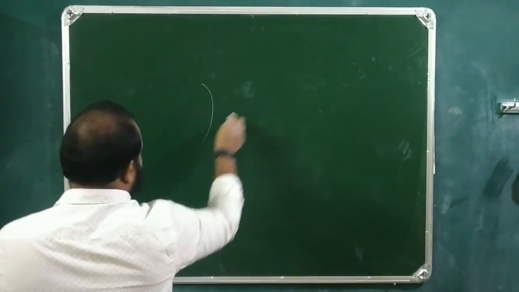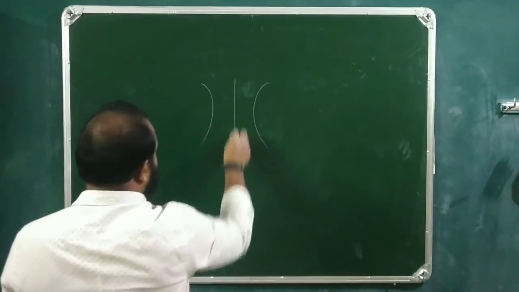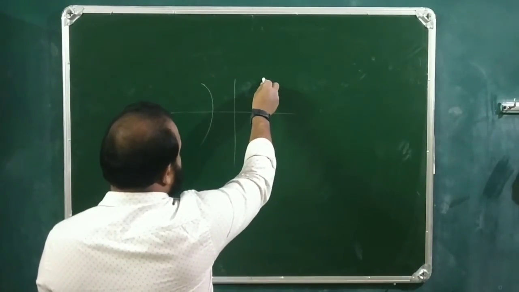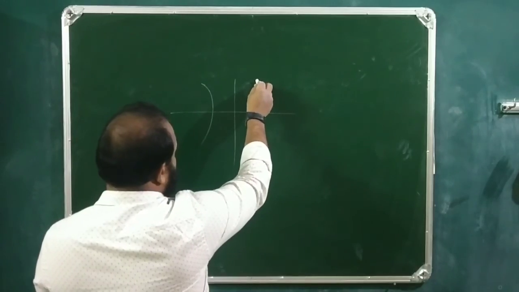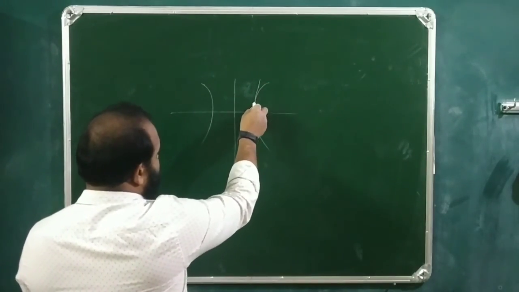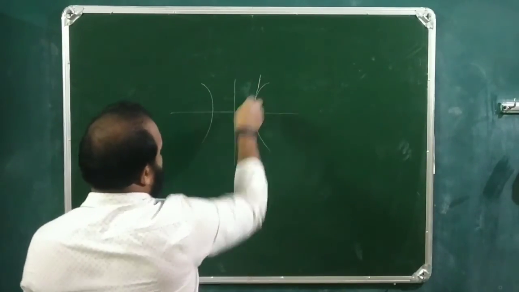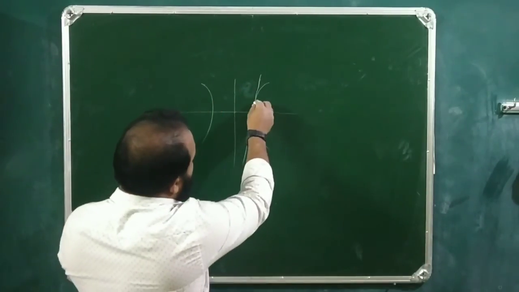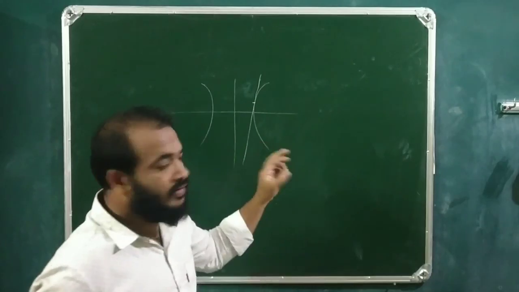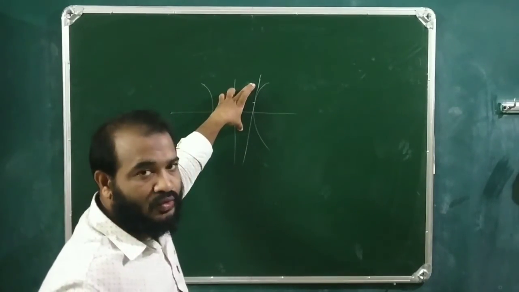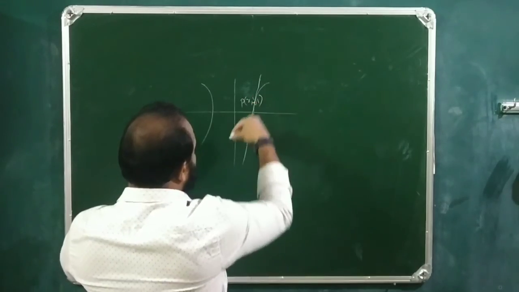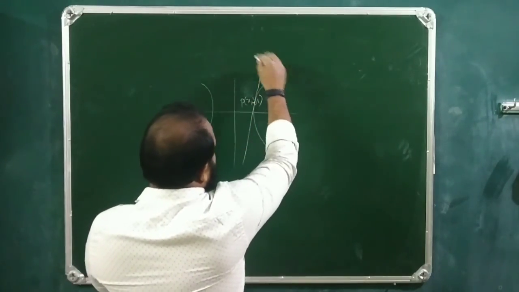So this is the hyperbola, and this line is a tangent to the hyperbola, because this line touches the hyperbola at a unique point. So this is the tangent to the hyperbola at P(x1, y1), which is S1 equals 0.